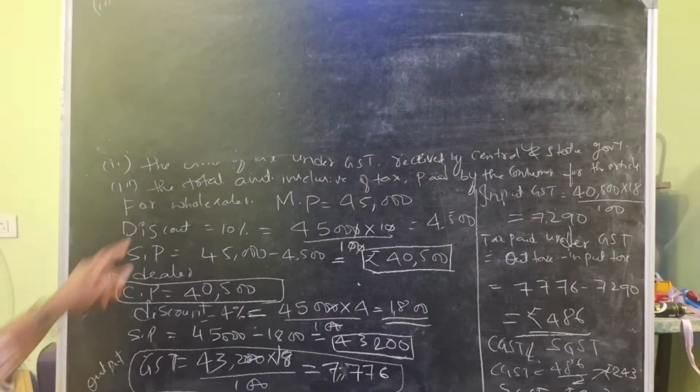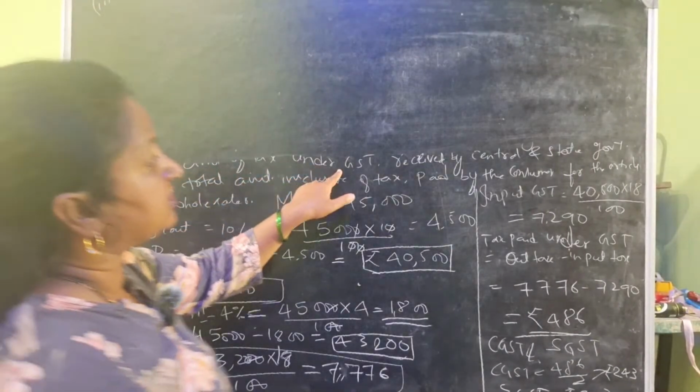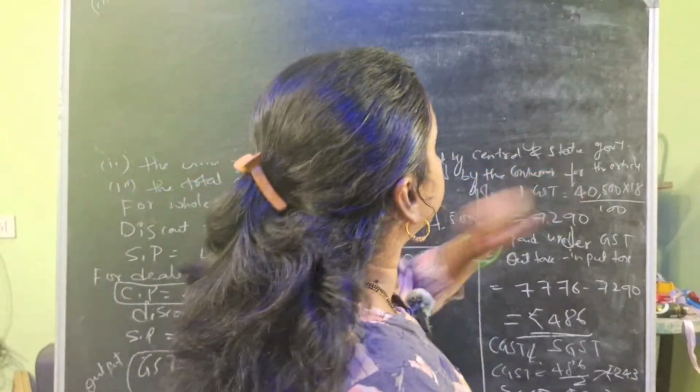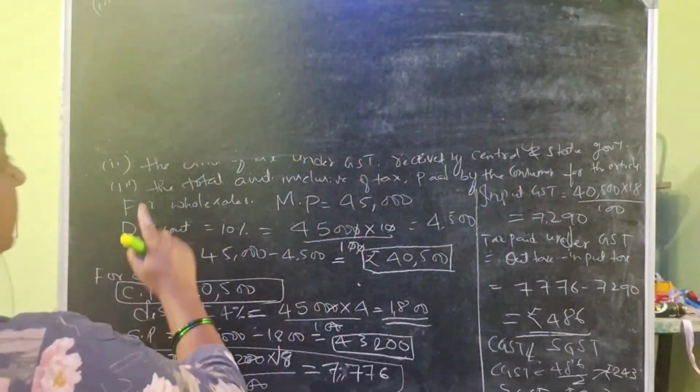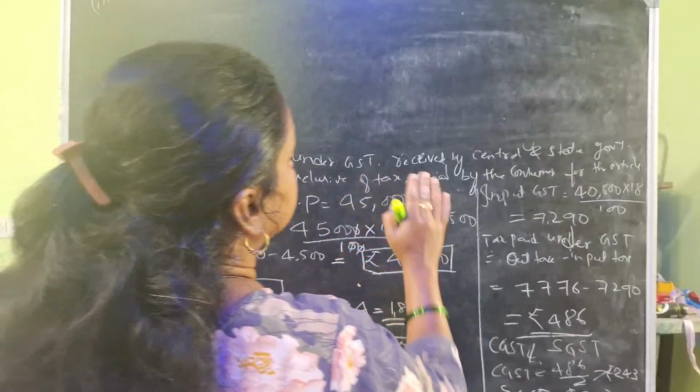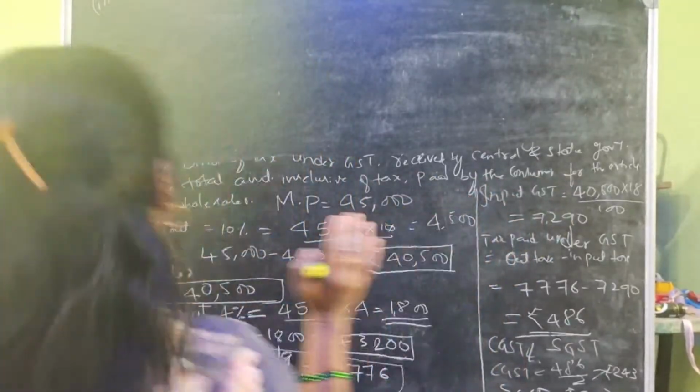For the second question, the amount of tax under GST received by the central and state government. Here we have to find the amount of tax under GST received by state and central government.